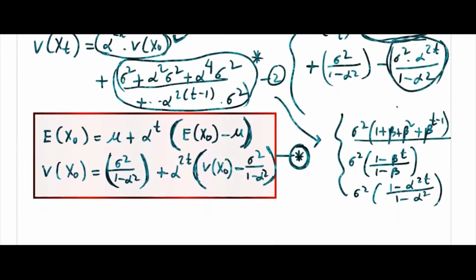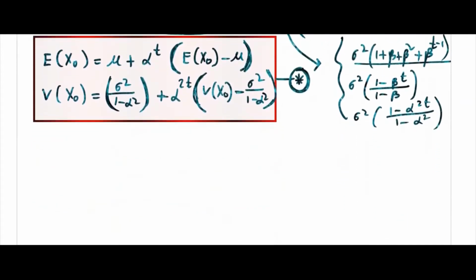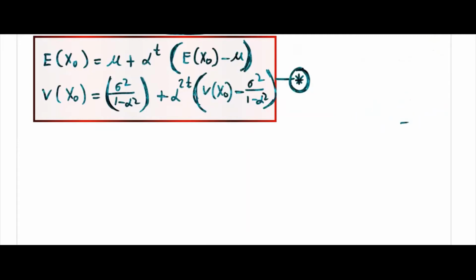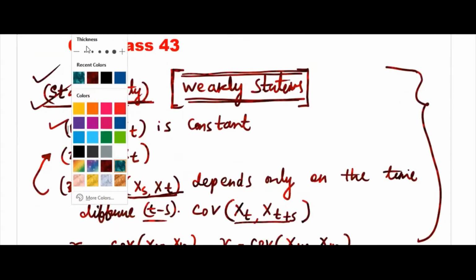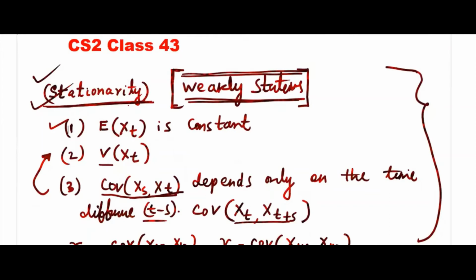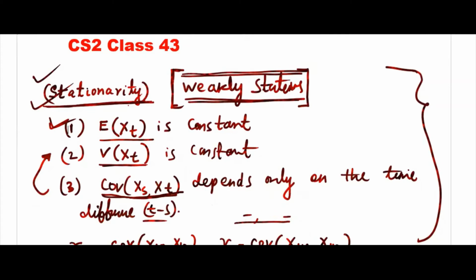Now we'll consider these two. Forget every other thing. This is a very simple, 3-4 line derivation. Variance of xt is constant. Let me write this: expectation of xt is constant, variance of xt is constant, and covariance of xt xs depends only on the time difference t minus s.